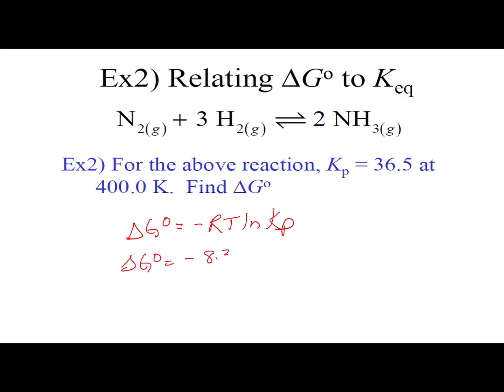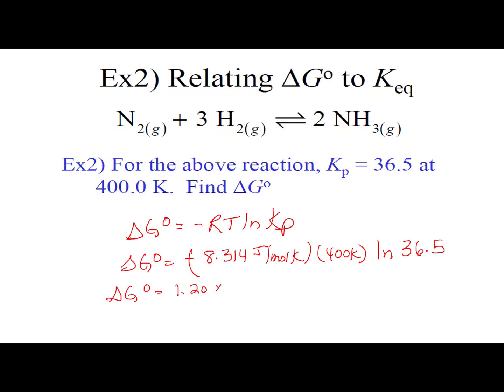And so the delta G0 will equal negative 8.314 joules per mole Kelvin times 400 Kelvin times the natural log of 36.5.